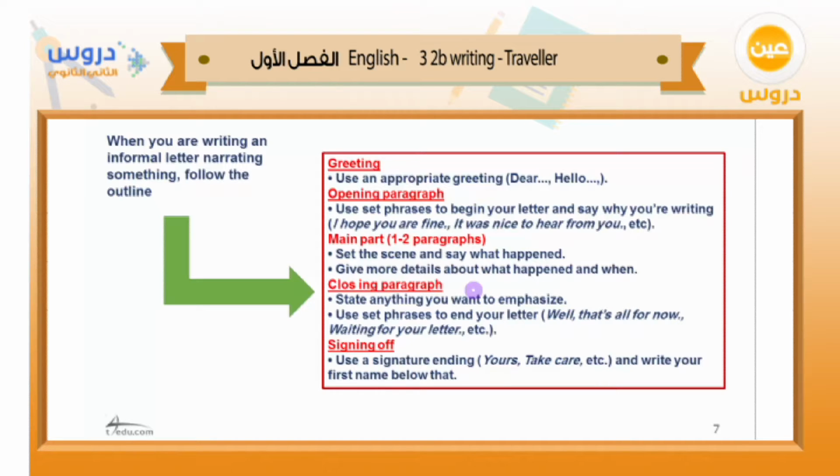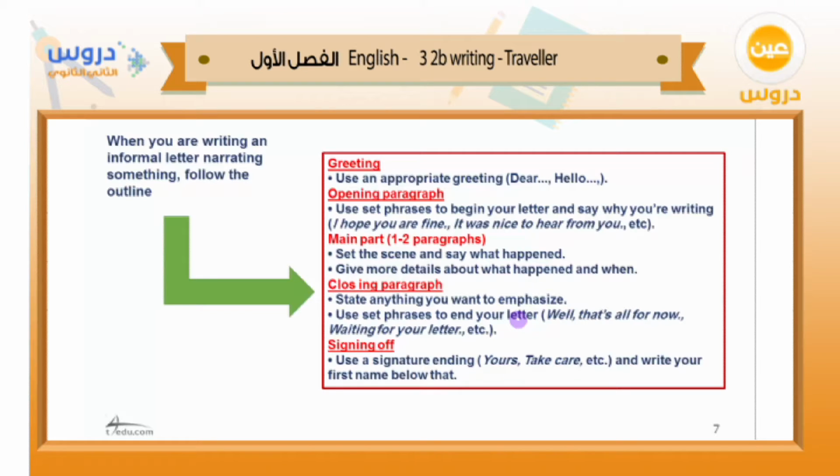And when you start to finish your paragraph in the conclusion, which is how we close the paragraph, you can state anything you want to emphasize. If you have something you want to stress, or something you want your friends to pay attention to, you can write it. And also you can use a set of phrases to end your letter. Well, that's all for now.